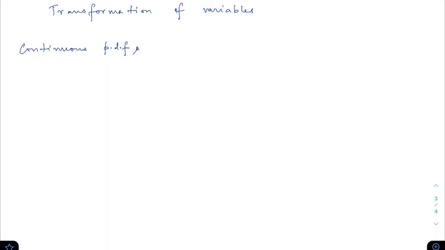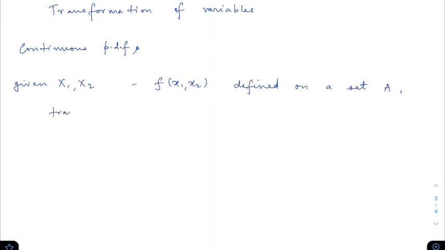So given random variables x1 and x2, from the joint PDF f of x1, x2 defined on some set A, if we transform x1, x2 to y1, y2, then under this transformation, the set A maps onto the set B.